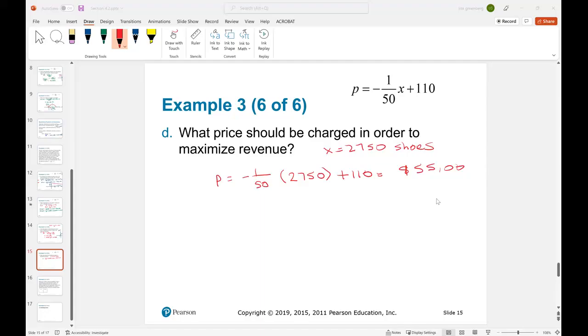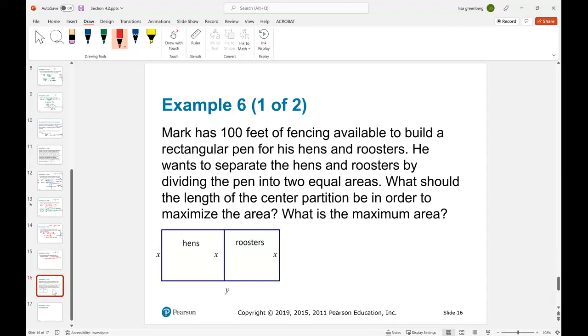Okay, so if I charge $55 for each pair of shoes, I will make the maximum amount of revenue that I can, which means that's the most I can bring in. And that's really what I want. I want to sell the most shoes. I want to bring in the most money I can, because the more I sell, the more profit I'll make. Okay, and that concludes that problem.